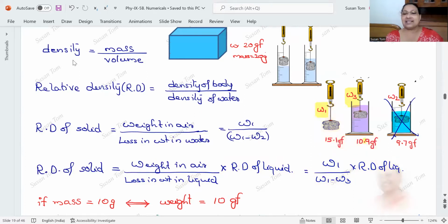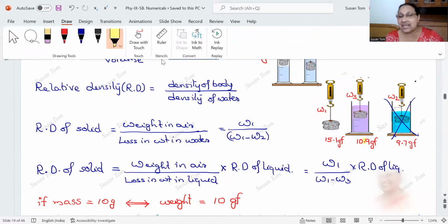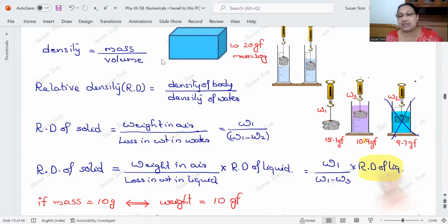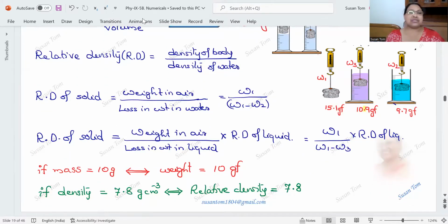Clear, children? This equation can also be used to find the relative density of the liquid, provided the relative density of the solid is known. Vice versa, basically.